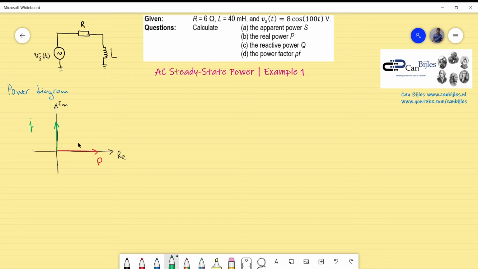For the capacitor it will be on the negative side, so this will be JQ.